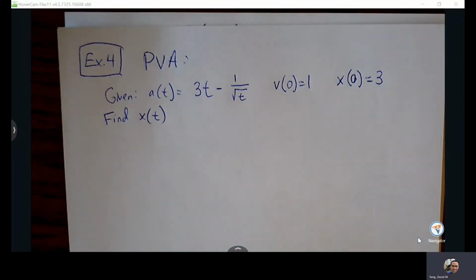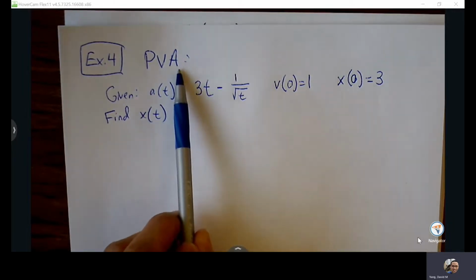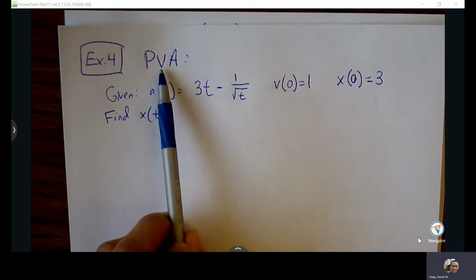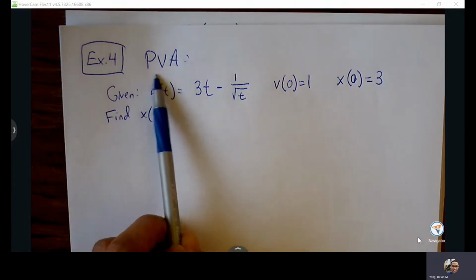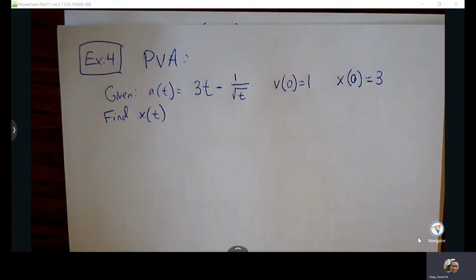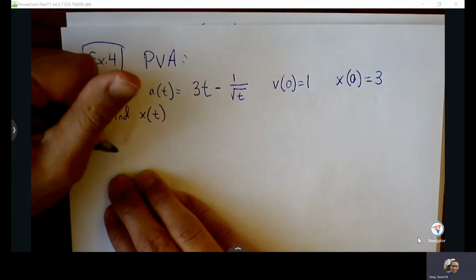Okay, so we're starting at the acceleration level. We're trying to move up our way to position. So we got to take the antiderivative how many times? Twice, right? Acceleration's antiderivative will bring us up to velocity, and then velocity's antiderivative will bring us up to position or x sub t. So let's set this up here.